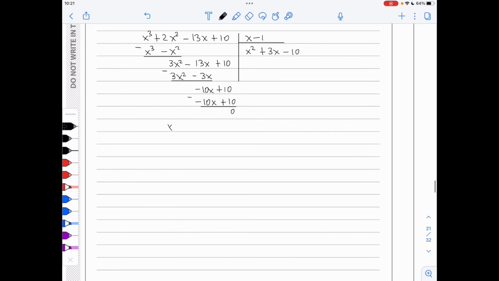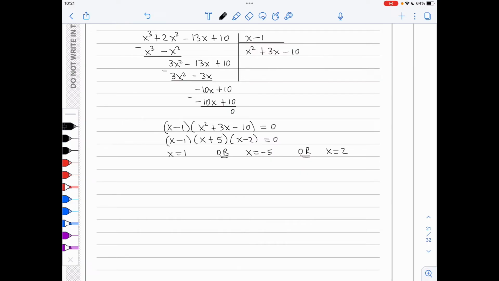So now I have to solve (x minus 1)(x squared plus 3x minus 10) is 0. I will further factorize this into (x minus 1)(x plus 5)(x minus 2), which gives me 3 solutions. x is 1, or x is -5, or x is 2.